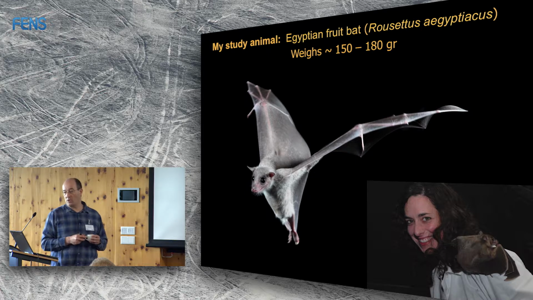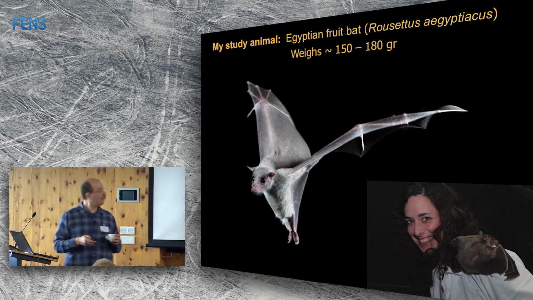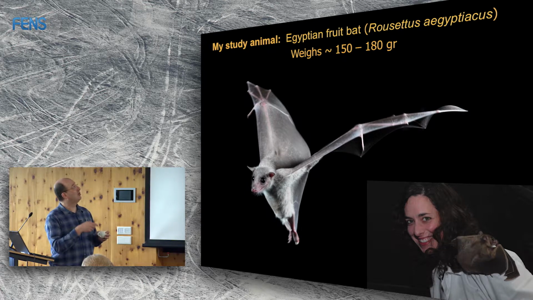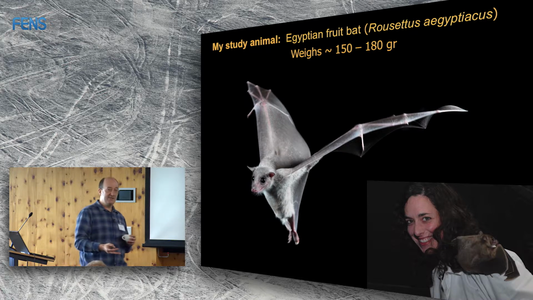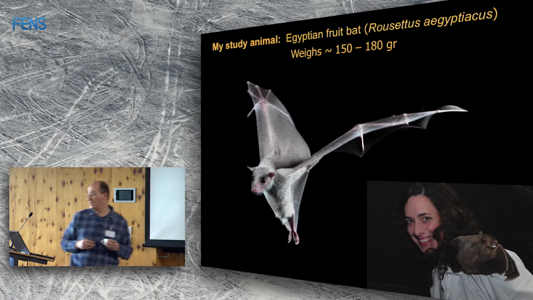So the animal we work with is the Egyptian fruit bat. It's a rather big bat, weighing about 150 to 180 grams. Not as big as the ones in Australia, but much, much bigger than the ones in North America and Europe. So it means they can carry a lot of equipment: neural logger devices, audio logger devices, positioning tags, all sorts of stuff that needs electronics.